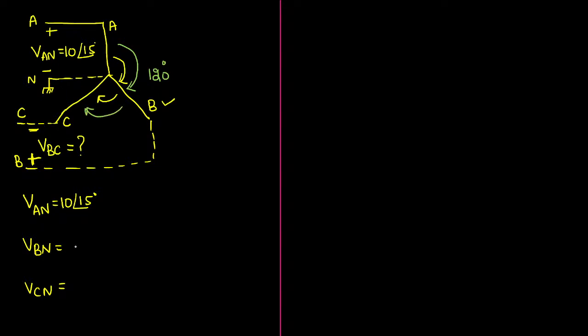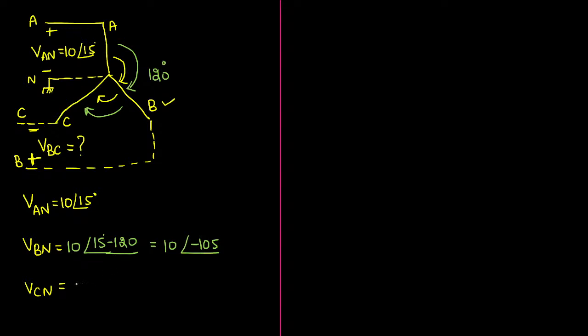Yes, sir. So I can write like this. The magnitude of the phase voltage will remain the same, but the phase angle changes. Already it is having 15 degree. With this, minus 120 degree will be added such that VBN will exist. So if you elaborate this, minus 120 plus 15 degree will give you minus 105 degree.